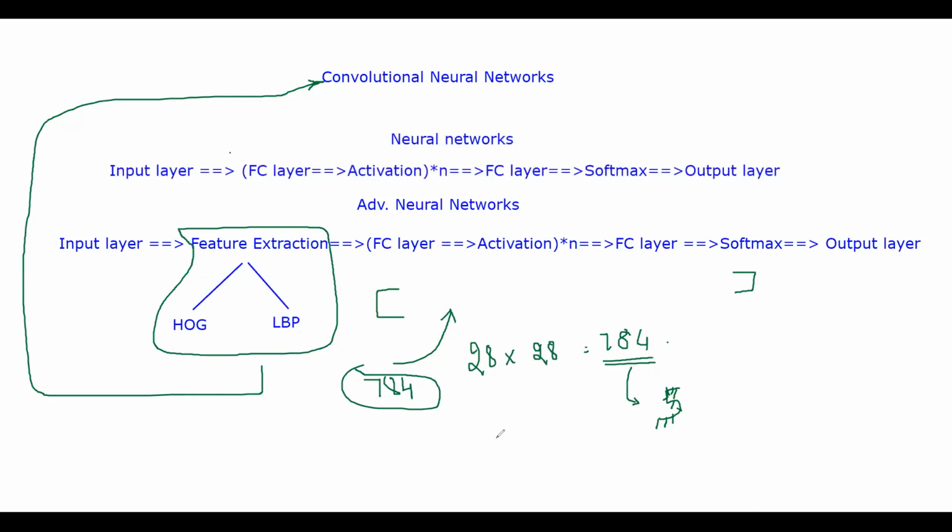At that time, neural networks not only tend to perform slow, but the accuracy will not be very good. When we introduce convolutional neural networks, this feature extraction, though it takes some time, we are okay, because at the end of the day, that is helping in improving our accuracy, which we are going to see.